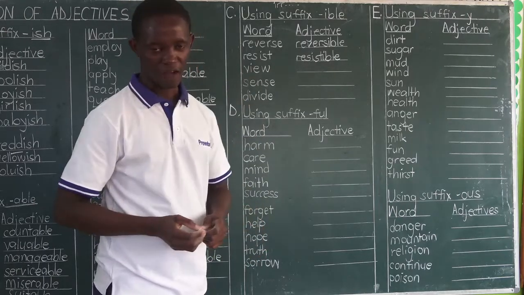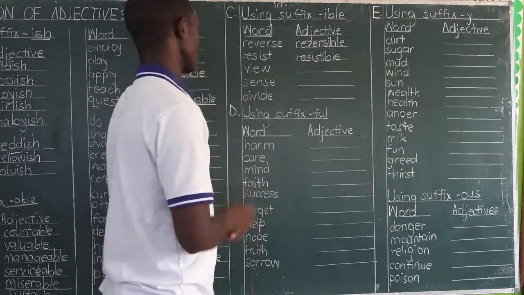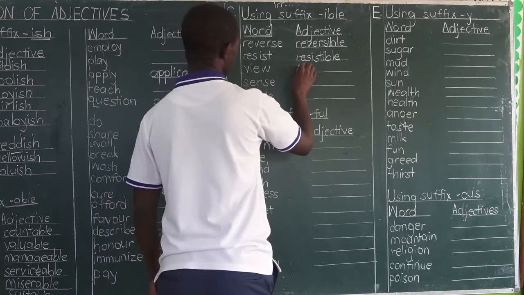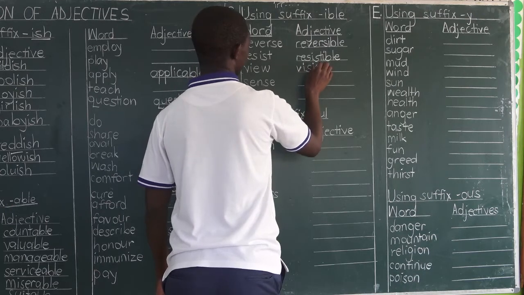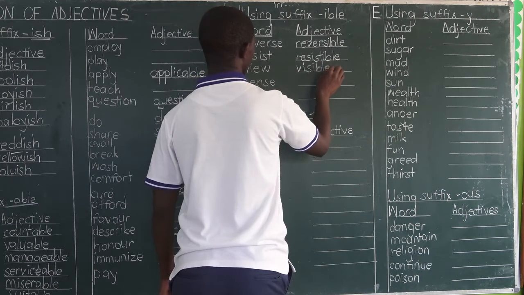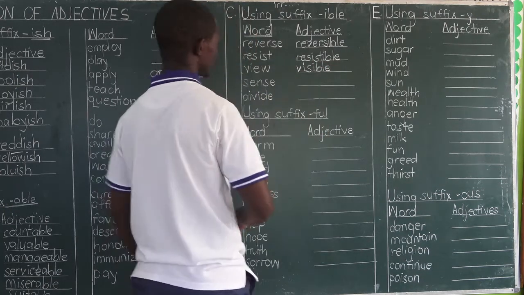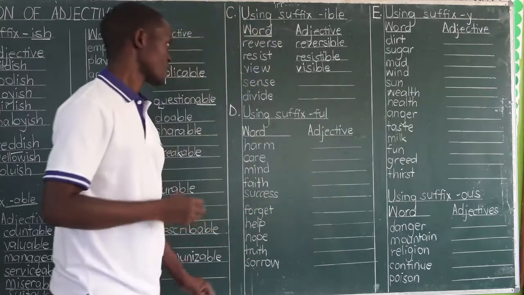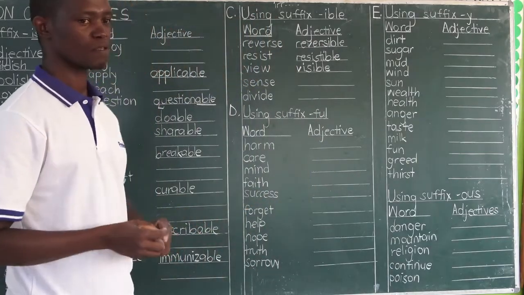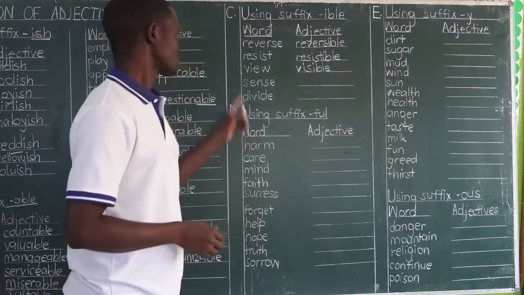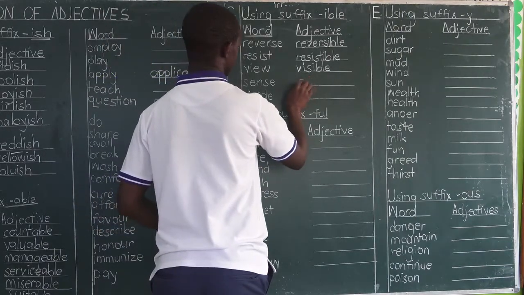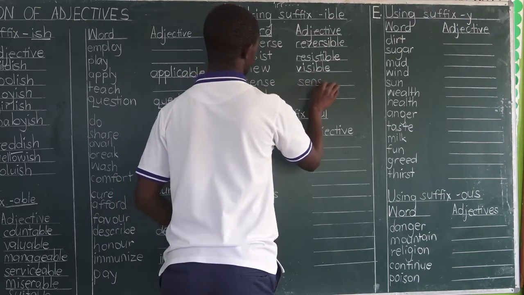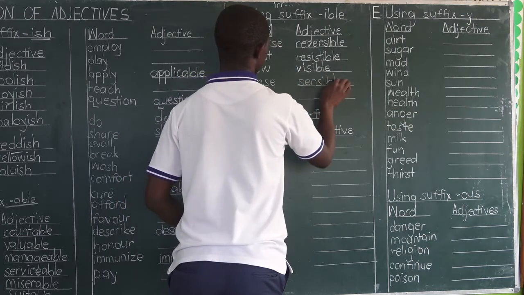View. Our next word is view, which changes to the adjective visible. What you can view or what you can see is visible. V-I-S-I-B-L-E, mind the spelling. Sense, from sense, we have the adjective sensible.